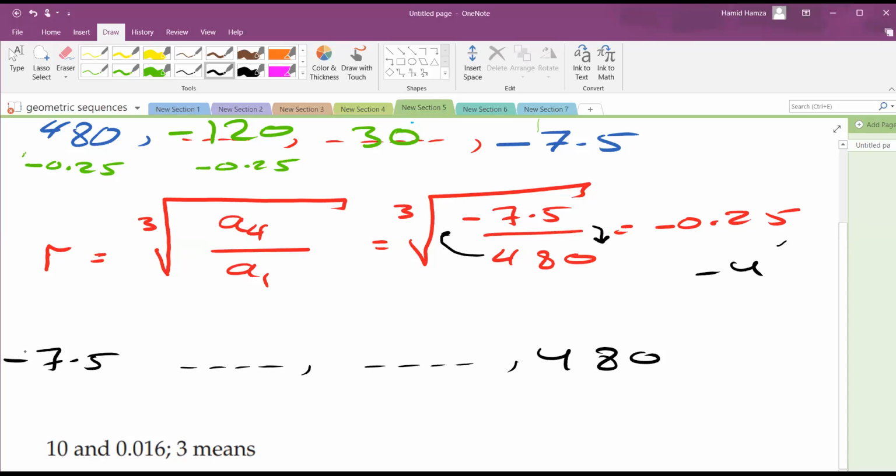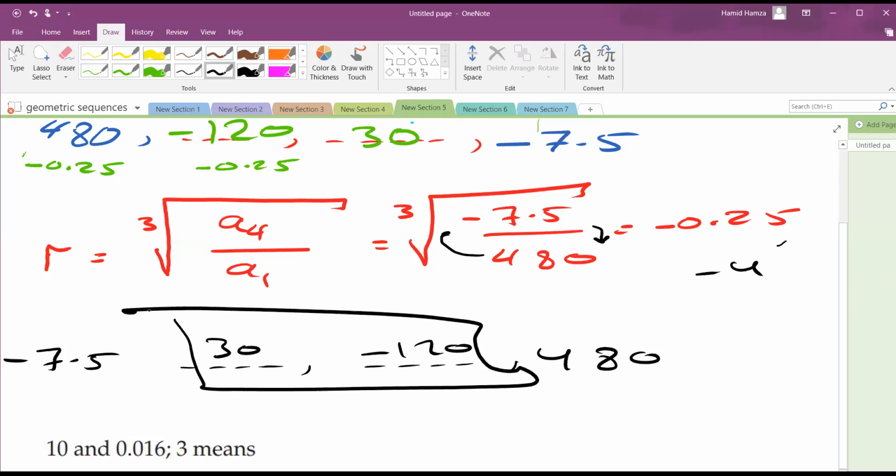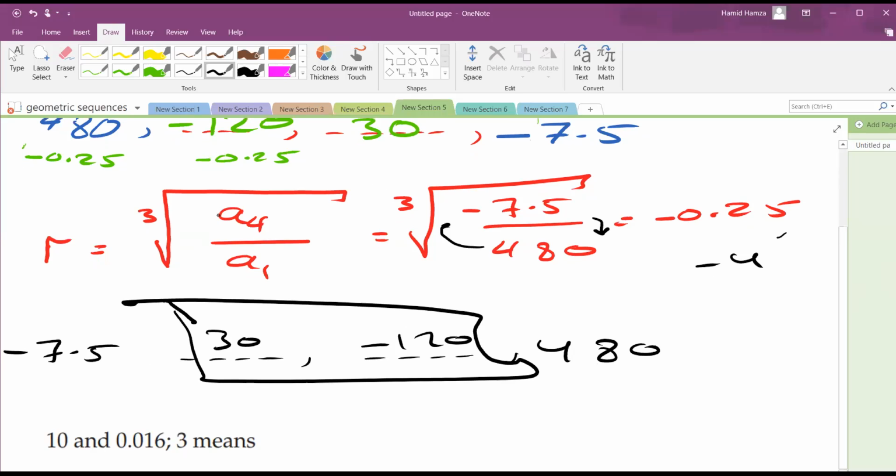If you multiply negative 7.5 by negative 4, it gives you 30. If you multiply 30 by negative 4, it will be negative 120. In both cases, the geometric means are the same, 30 and negative 120. Okay? Any question?